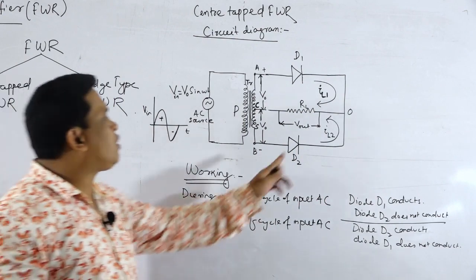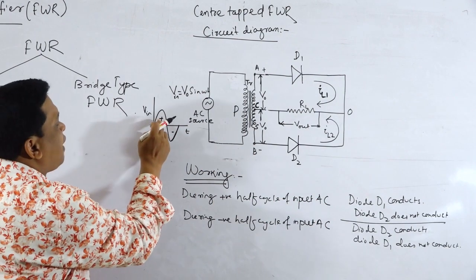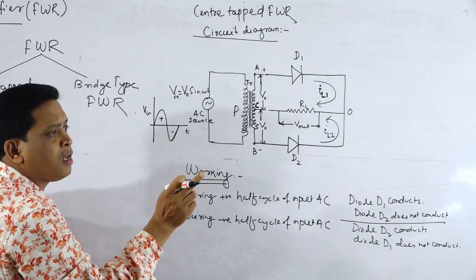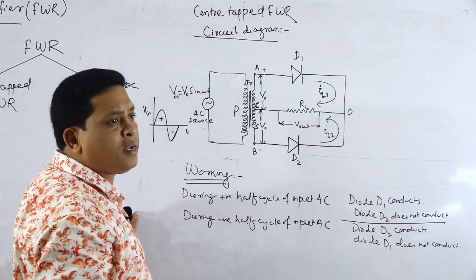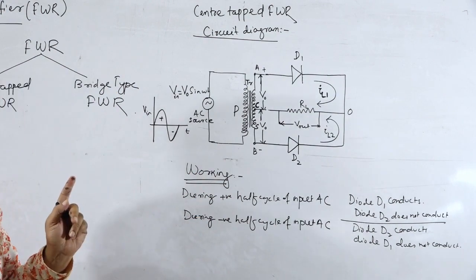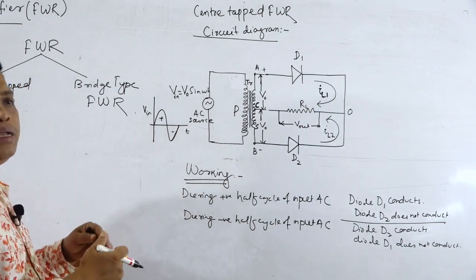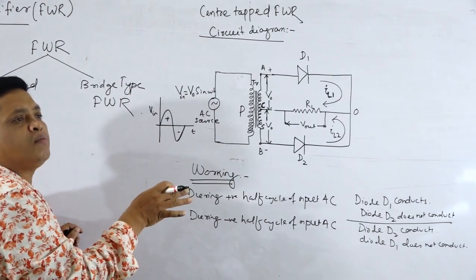But what you find is that during the positive half cycle of input AC, one diode is conducting, and during the negative half cycle of AC, the other diode is conducting. That means during a half cycle, only one diode conducts. So both the diodes conduct alternately, repeatedly, during the positive and negative half cycles.